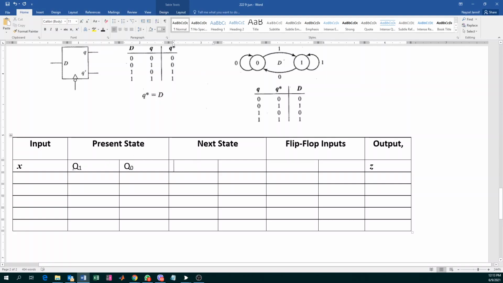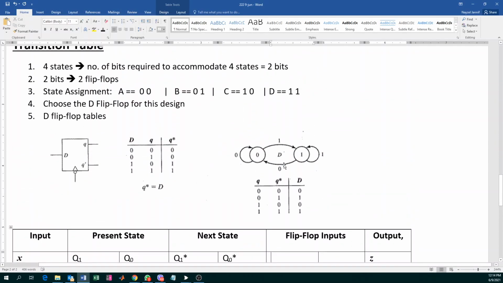That is our Q1 star, Q0 star, our flip-flop inputs. So obviously, how many flip-flops do we need, guys?